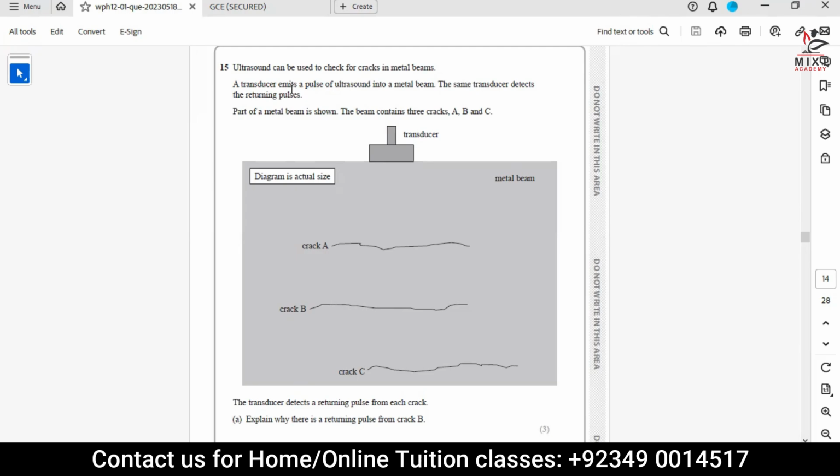When the transducer emits the pulse, it hits the crack and it reflects and returns back. Which crack? A or B? You are talking about A or B? Yeah, Aisha. Crack A. Okay, you are talking about crack A.